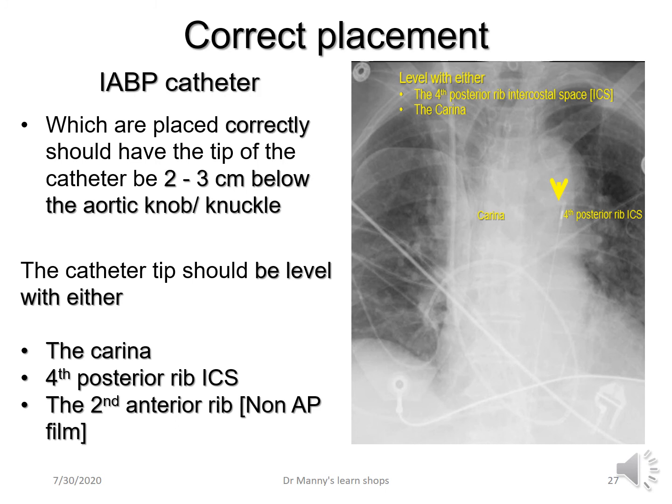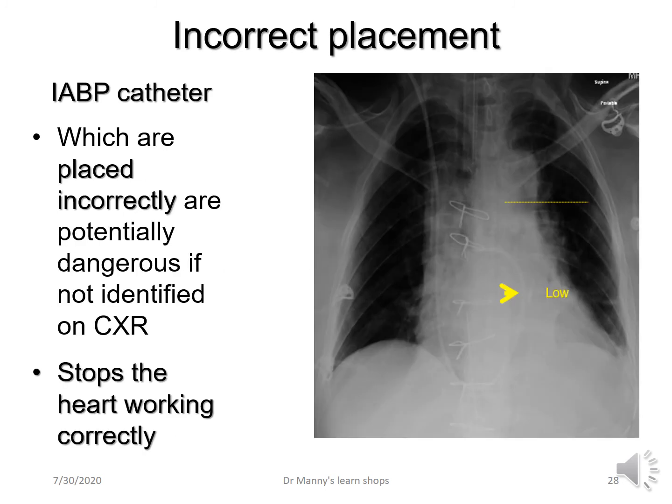Interestingly enough here, you can look at the ECG electrodes. All over the place. Wires. Which makes it more difficult to try and see what you're wanting to see. If you have incorrect placement, it's potentially dangerous.